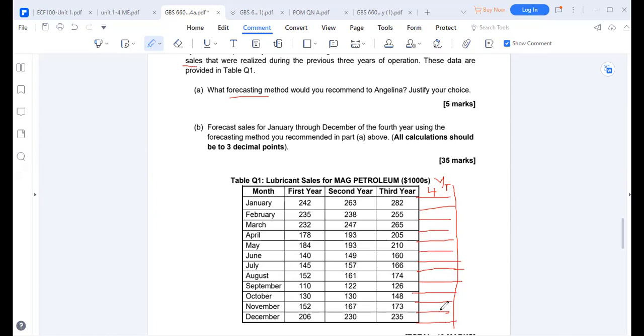We are going to deseasonalize the data, and we'll explain what is involved when you are deseasonalizing the data. So this is what they want us to find, the sales forecast for January through December of the 4th year, or year 4.